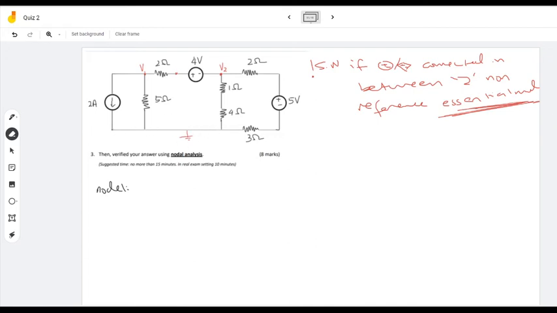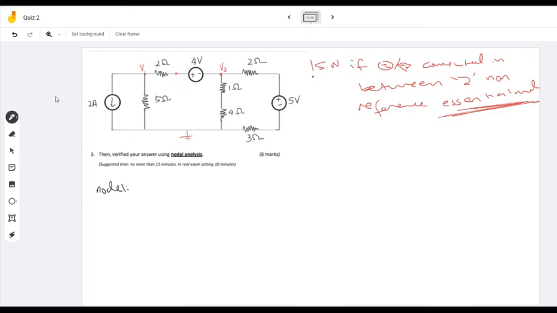It is not a supernode because this voltage source is not connected to two non-reference essential nodes. It is only connected to one non-reference essential node. That here is just a node.